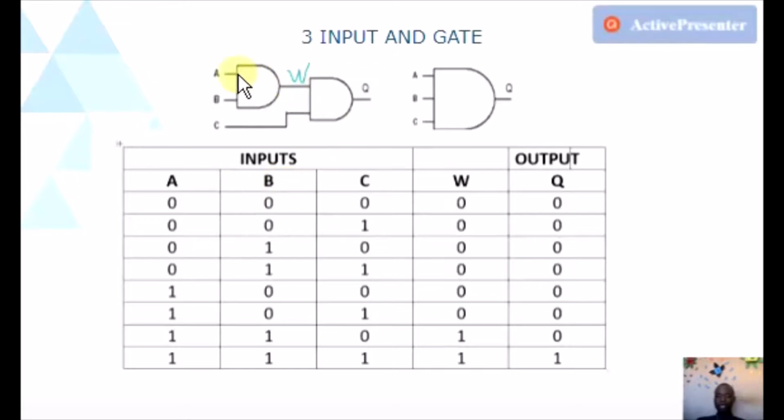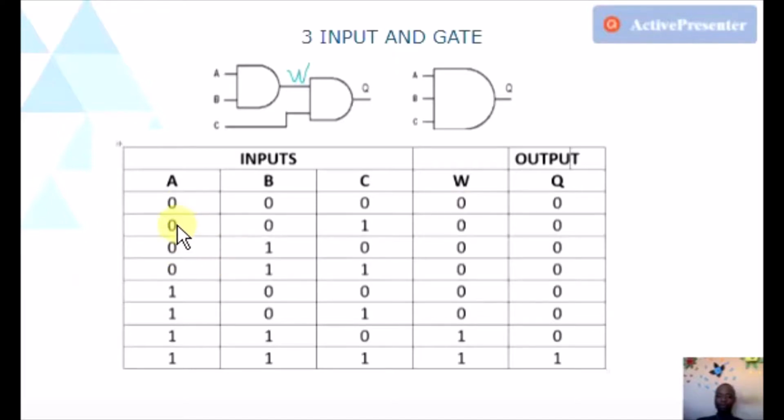Now, inputs A, B, C. Then the output is Q here. We have W, which is an input to the second AND gate here. First of all, I recommend you always don't forget your formula, which is 2 raised to the power of n, where n is the number of inputs. Here we have 3 inputs, A, B, and C. Thus, your digits here will be 2 raised to the power of 3, which is equal to 8.